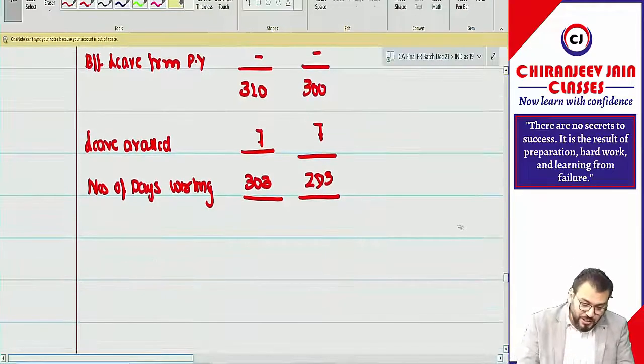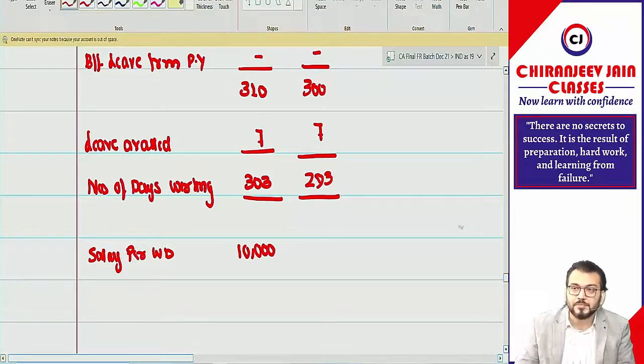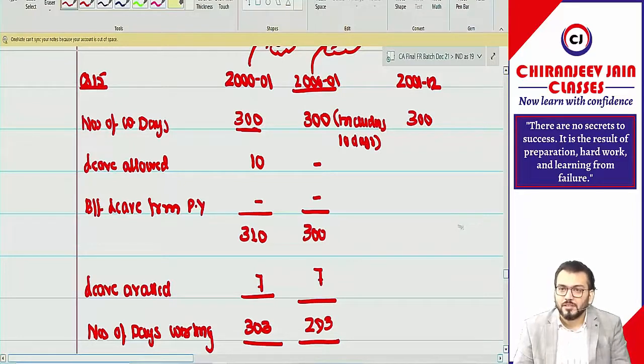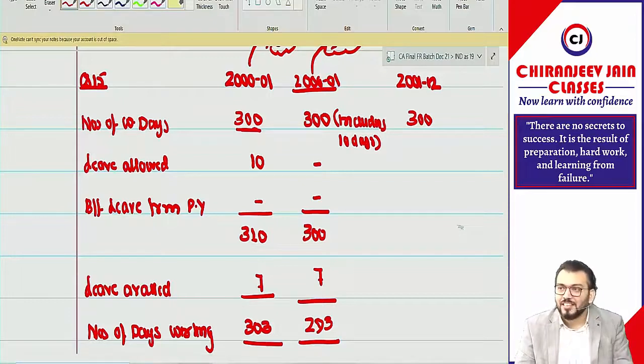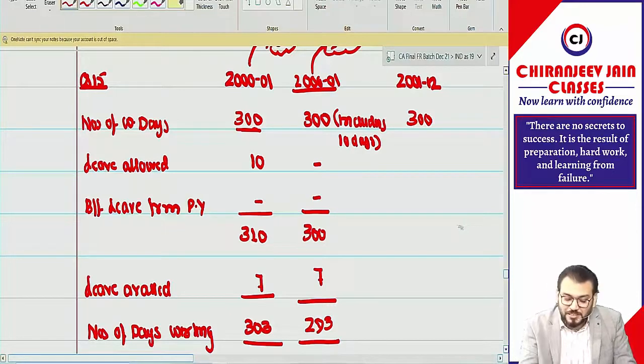Just try to understand. If I am calculating salary per working day, as per my working it will be 10,000: 30 lakh divided by 300. But as per their working, it should be divided by 290. If they are considering 300 including 10 days, the salary per working day should be 30 lakh divided by 290.